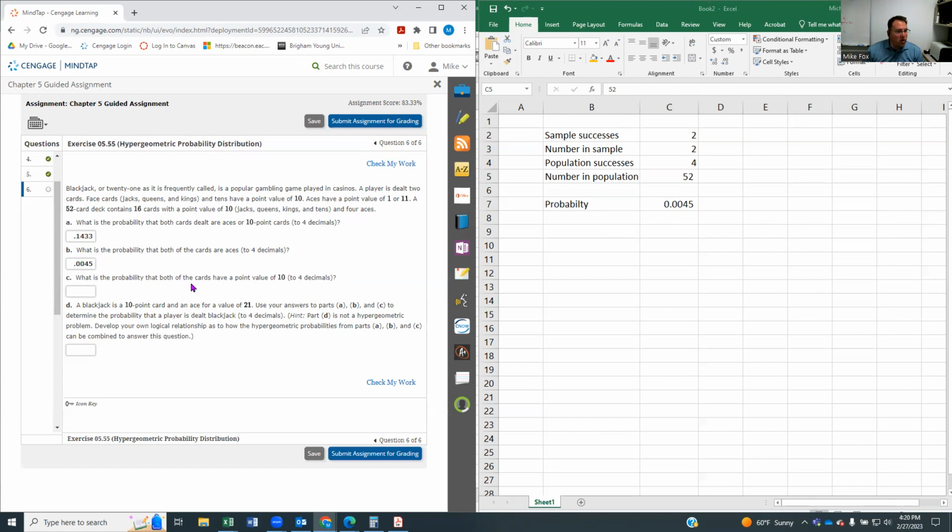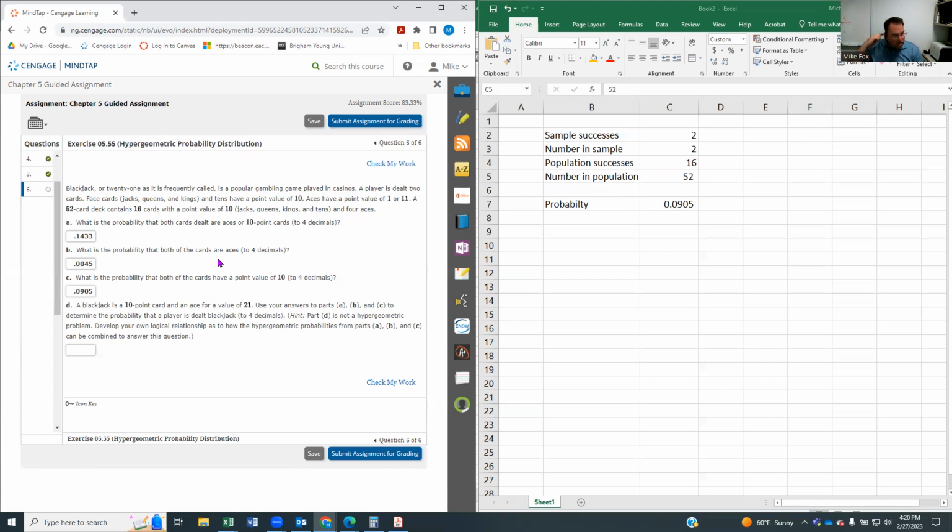What is the probability that both of the cards have a point value of 10? So now we're going to say, well, how many 10-point cards are there? 16. So our population successes would be 16. So 0.0905. So you have a little better than a 9% chance of drawing 2 10-point cards.